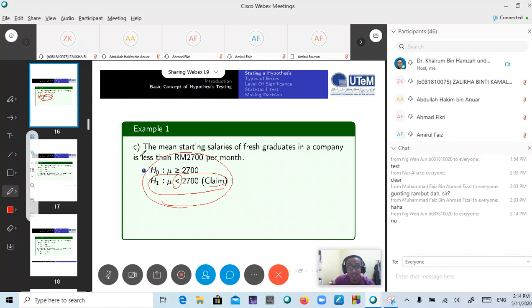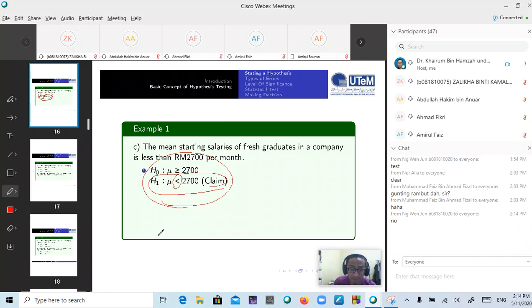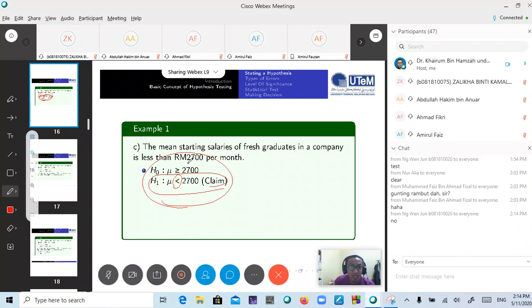So that's why this is very important. Because in order to identify the tail, we also refer to H0 and H1. When you want to refer to the table, we also refer to H0 and H1. Okay, so make sure you understand how to identify H0 and H1. If you have any problem, just type in the chat.